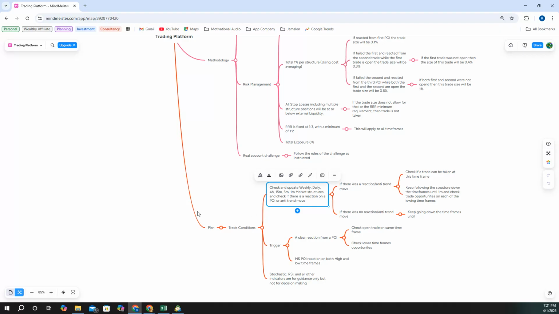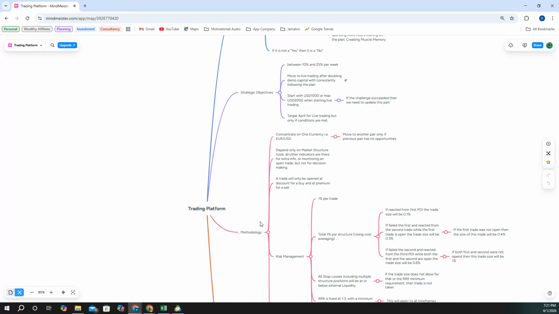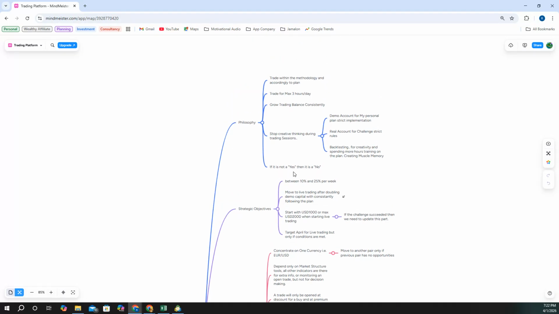But I expanded on not just writing when you buy and when you sell, but go wider, enlarge the scope into a general trading strategy that will lead you to strategic objectives. What do you want? What's your next milestone? Write those milestones down, and the general philosophy with which you will trade.